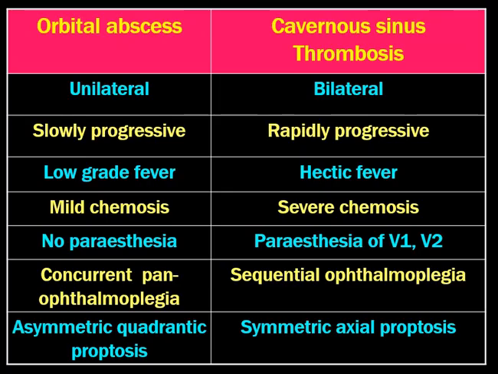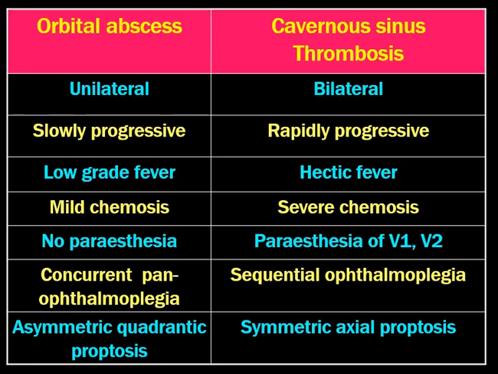Orbital abscess is usually a unilateral condition, as already told, and cavernous sinus thrombosis is always a bilateral condition. Orbital abscess is slowly progressive, whereas cavernous sinus thrombosis is a rapidly progressive condition due to thrombus in the cavernous sinus. The patient presents with low-grade fever with mild chemosis and no paresthesia with concurrent ophthalmoplegia in cases of orbital abscess.